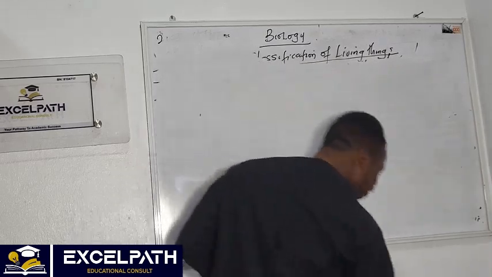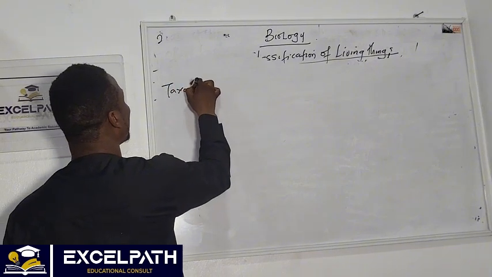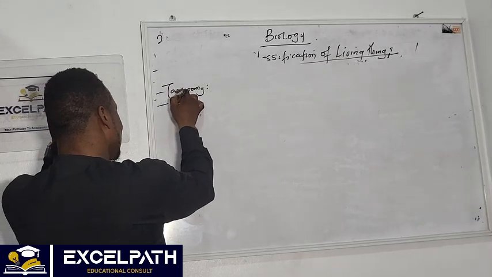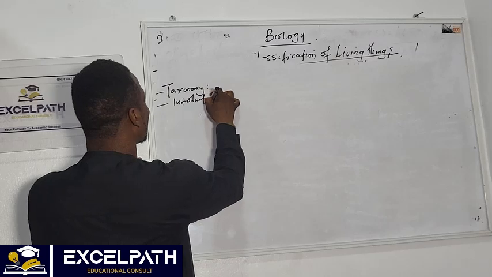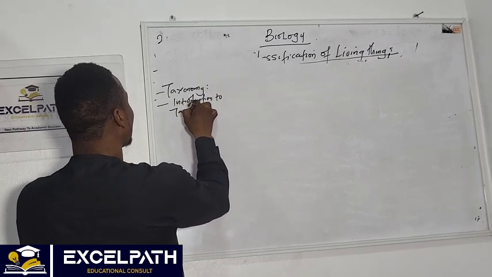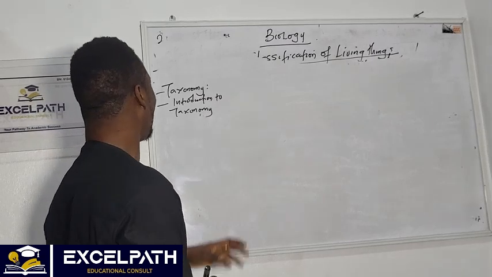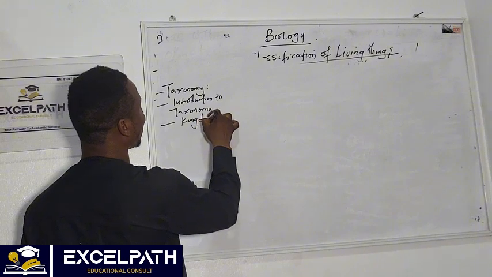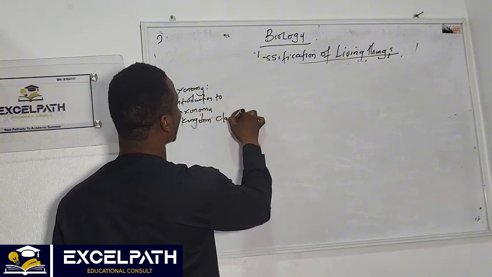Now, I have explained the meaning of taxonomy, and we have talked about the discovery and introduction to taxonomy. And with me, we've talked about the kingdom classification.